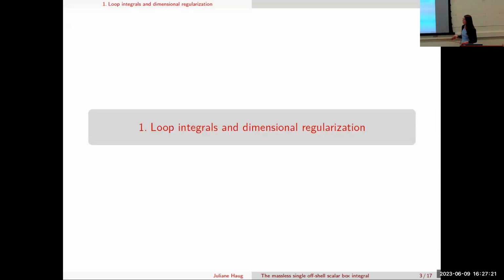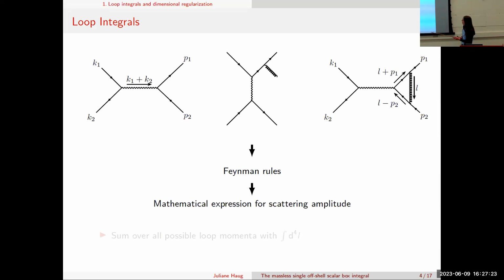Okay, about loop integrals and dimensional regularization. I guess you've all seen Feynman diagrams, and using Feynman rules, these can be translated to mathematical expressions for scattering amplitudes. The Feynman rules tell us that four-momentum is conserved at each vertex.